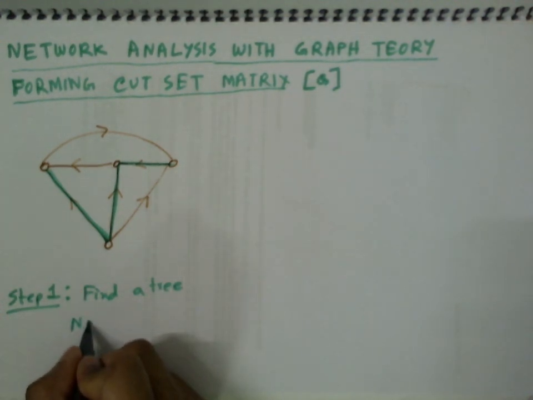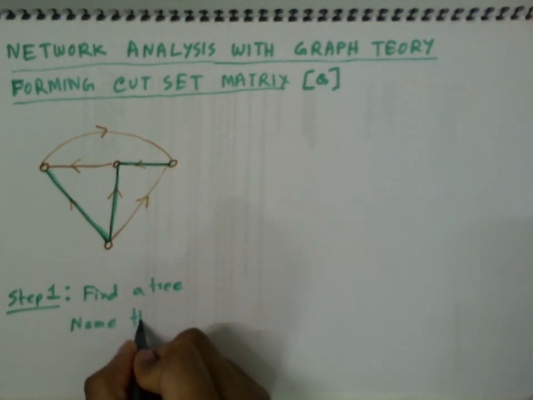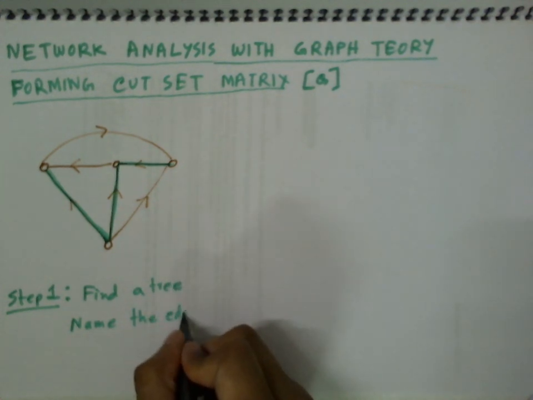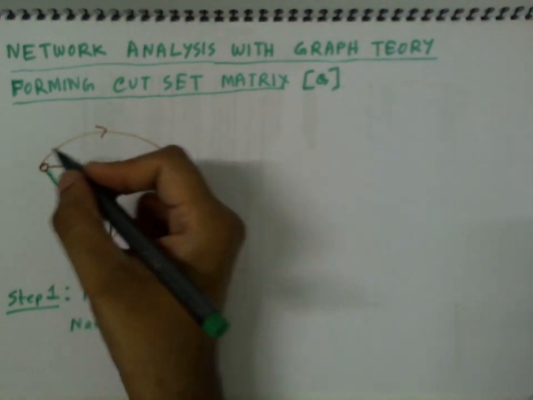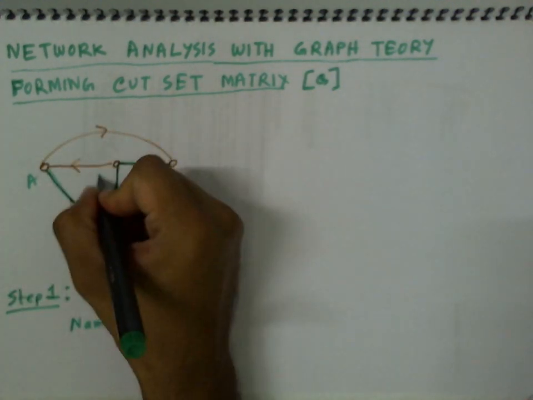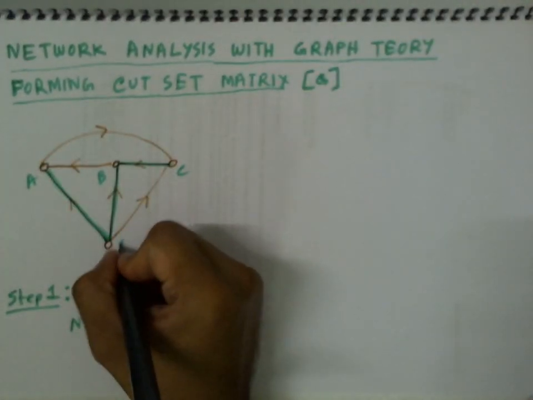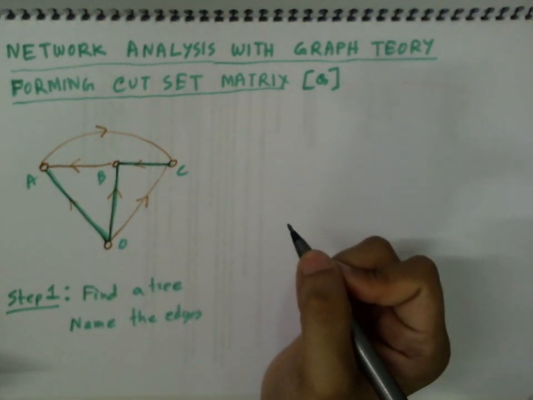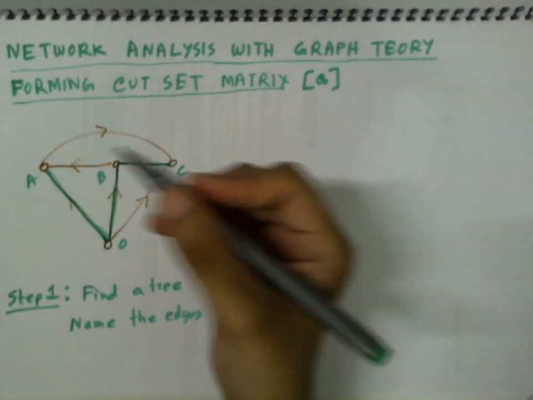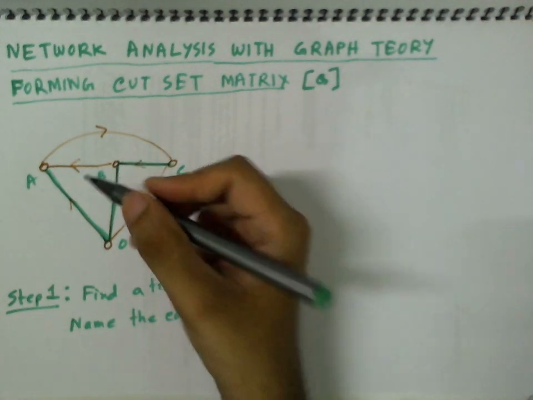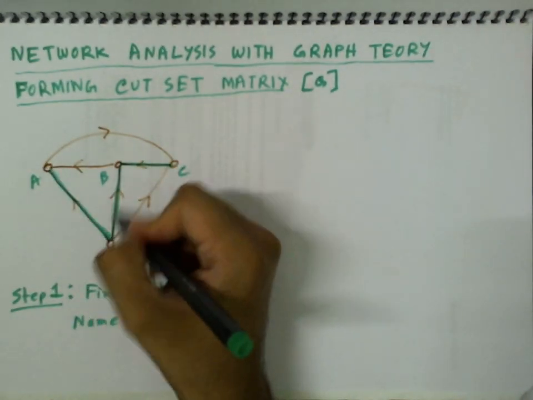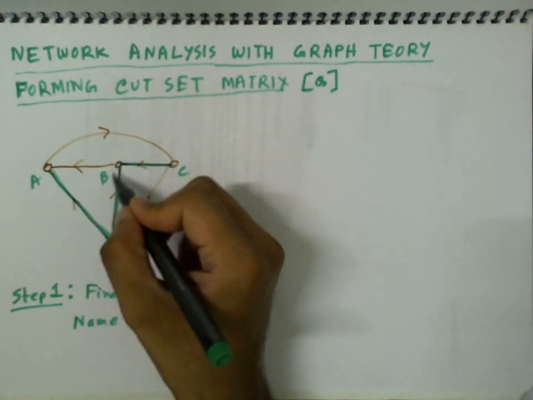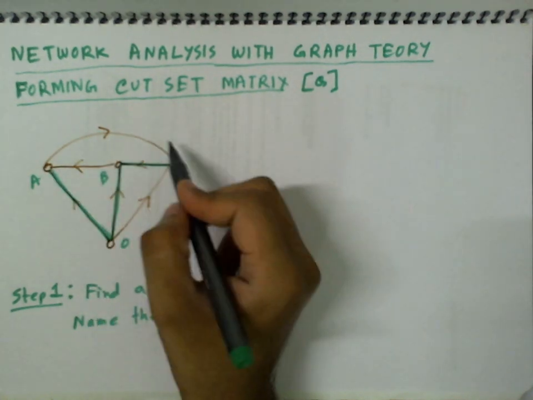Now, after that, name the edges and nodes. So let me give names as maybe A, B, C and O, and the edges. It's customary to name the 3 tree edges first and then the remaining edges.